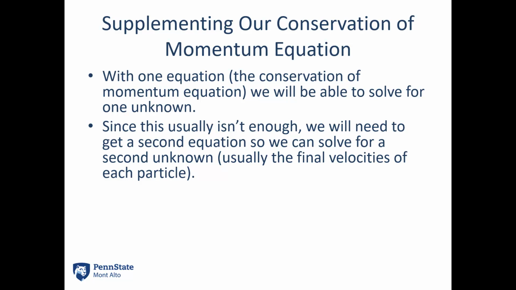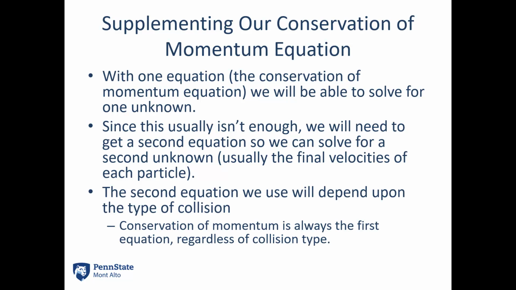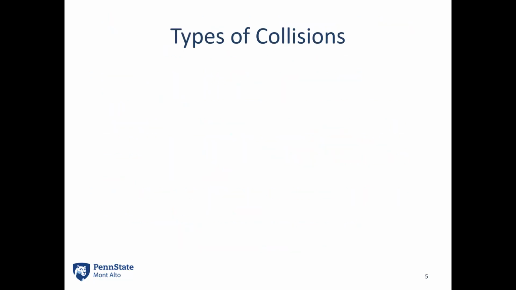So if we know all the initial velocities, we'd have two unknown final velocities, and if we want to solve for both of those, we need two equations. All right, so the second equation we use is going to depend on the type of collision. So conservation of momentum is always our first equation, regardless of collision type. Depending on the type of collision, we're going to use a second equation that's going to fit in with our particular collision type.